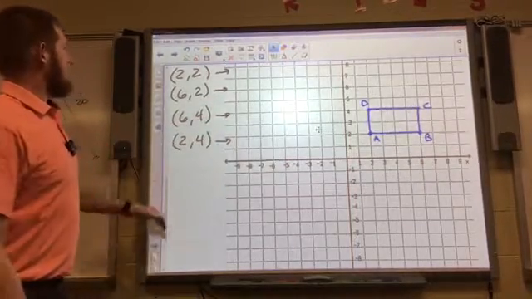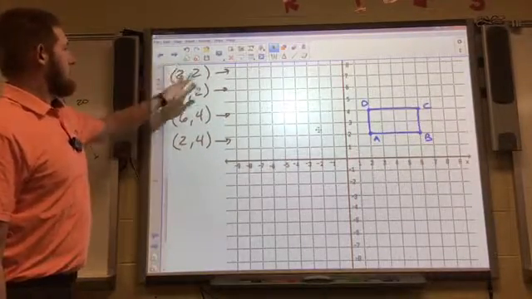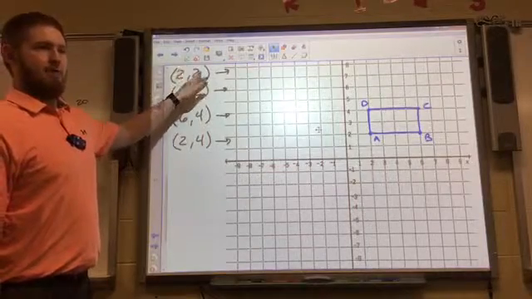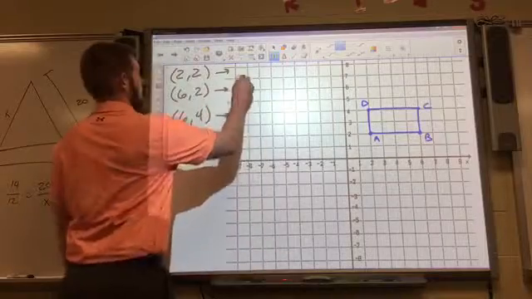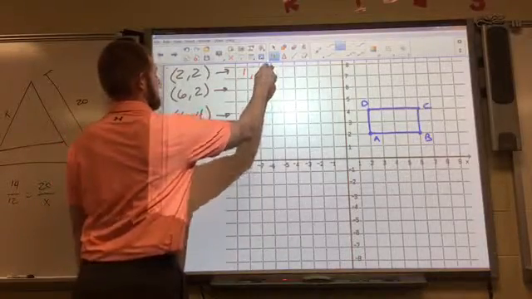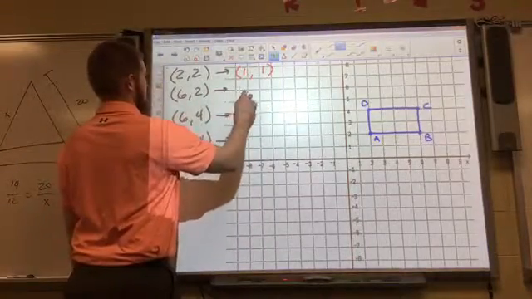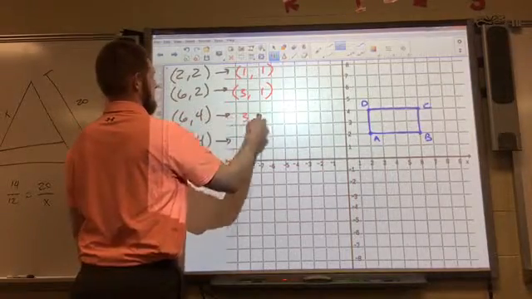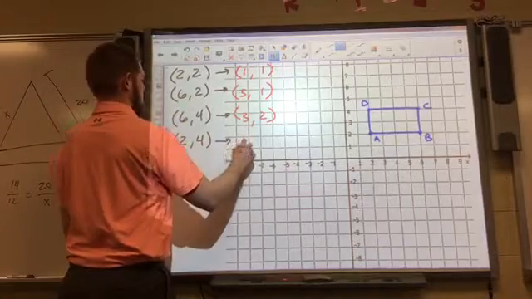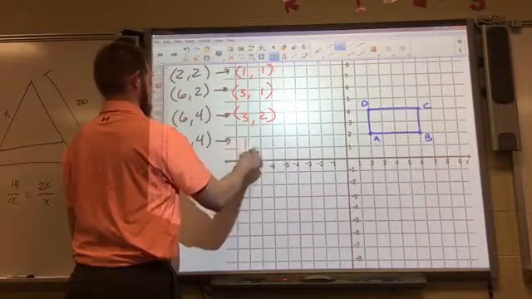Okay, so I need to multiply each of these by 1/2. Well, 1/2 of 2 is 1. 1/2 of 2 is 1. 1/2 of 6. 1/2 of 2. 1/2 of 6. 1/2 of 4. 1/2 of 2. Oops, not 2. 1/2 of 4.